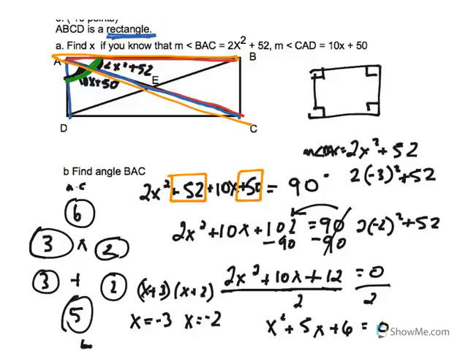Here I get 9 times 2 is 18 plus 52. And we get 70 degrees here. And then if we substitute over here, we get 60 degrees. So these are going to be our two answers.